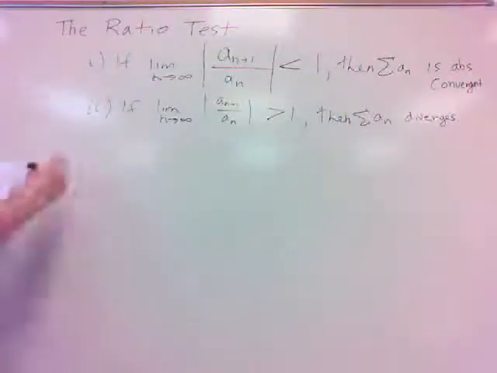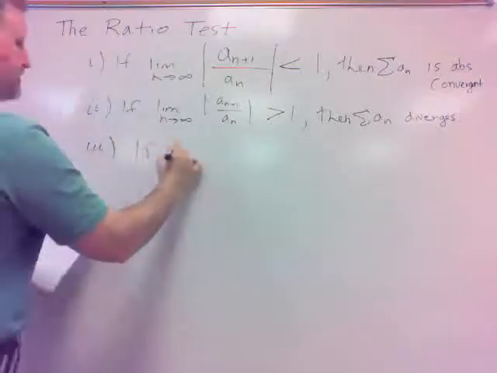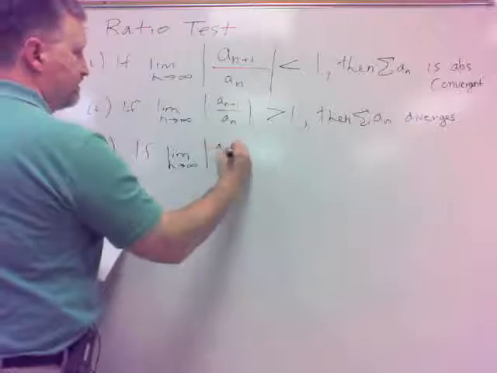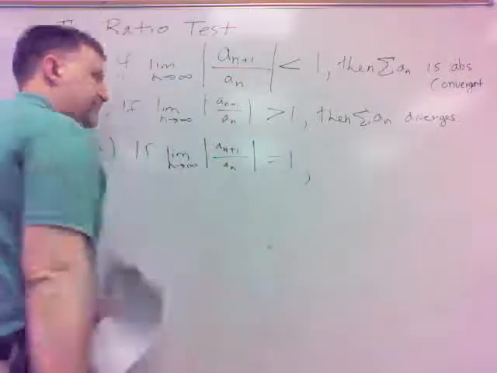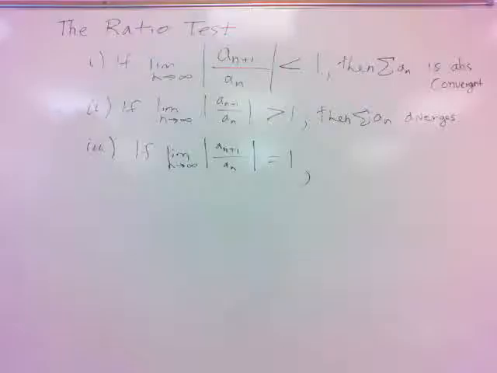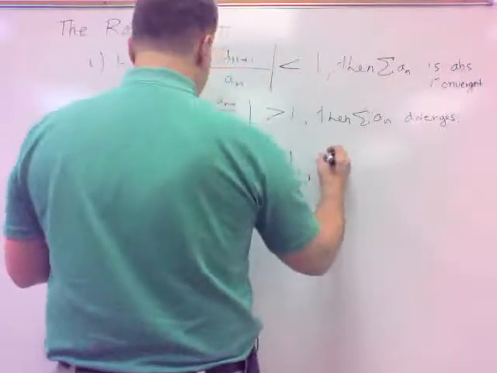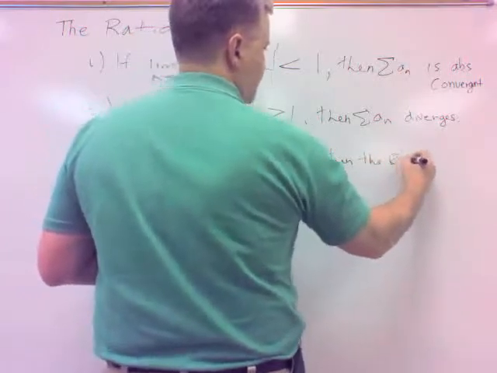Okay, number 3. There's one other scenario, and that is if the limit equals 1. Well, if it equals 1, we have a problem. This test is inconclusive. It gives no information.